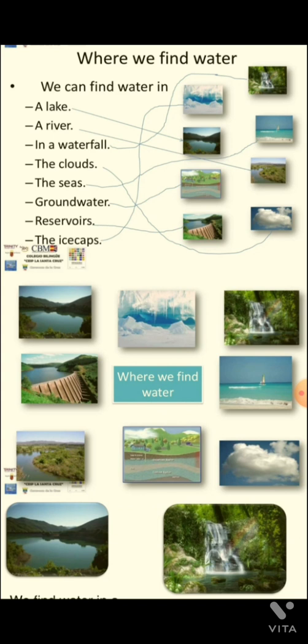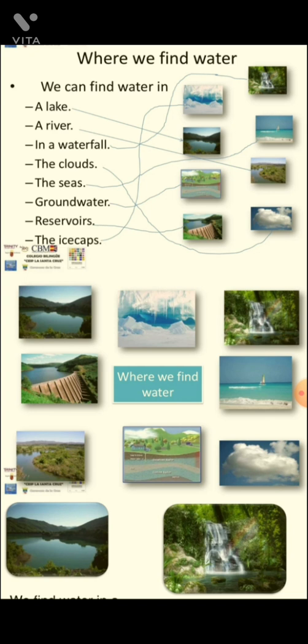Where do we find water? We can find water in a lake. You can see in the diagram, in the river, in a waterfall, the clouds, in the sea, in the groundwater, reservoirs, and ice caps. These are the places where we can find water. But drinking water is available only 1%.